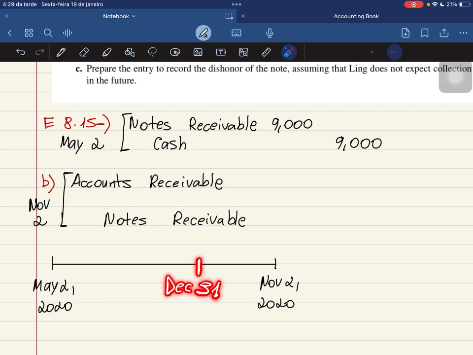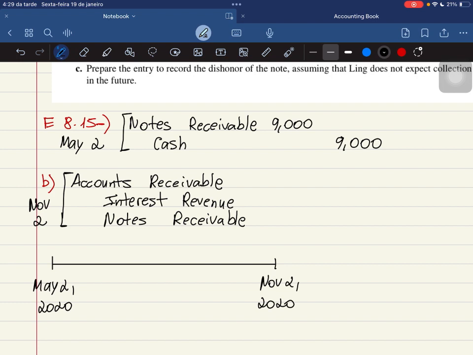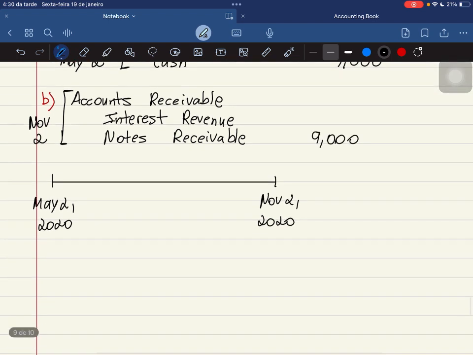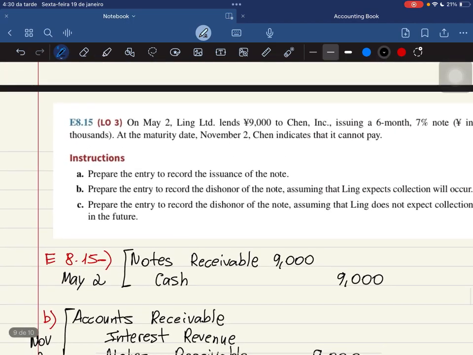We would have the interest revenue and the interest receivable. In this case, since there's no accrued interest, if the customer actually paid us, we would just receive the full amount, right? And this would be what? This would be the revenue that I would get from lending money to my customer. So this would be interest revenue. The original amount of the note was 9,000. The revenue we have to calculate is 9,000 times, what was the percentage?